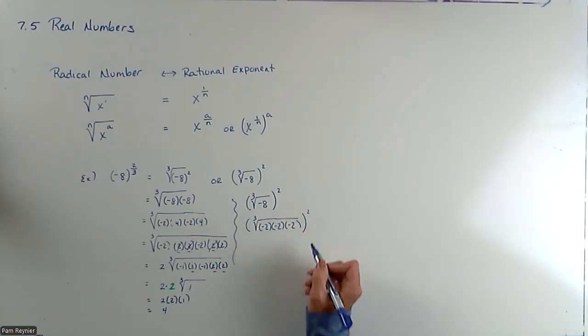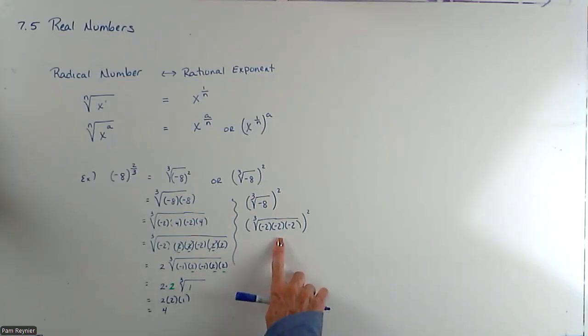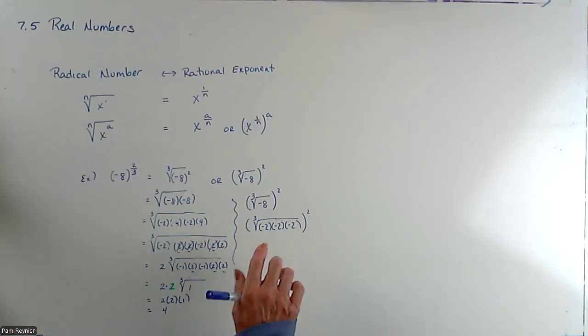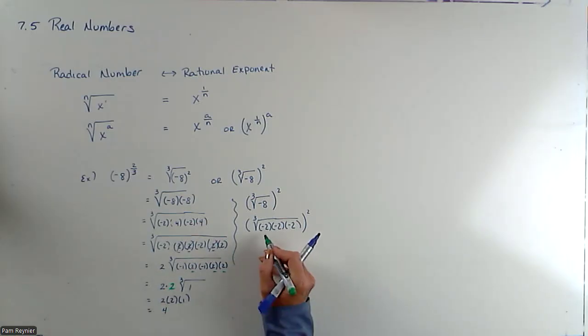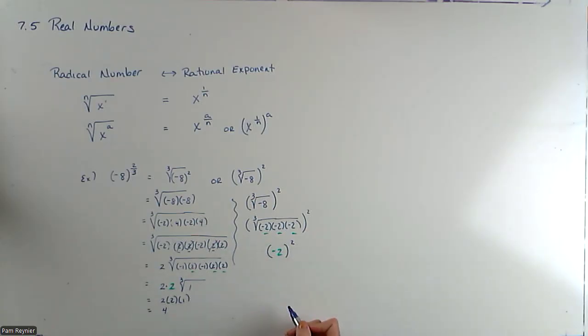So the cubed root of -2 times -2 times -2, well, since I have 3 identical factors, I can pull out the -2, and now I can square that. So a -2 squared is still +4. So either way, I end up with +4.